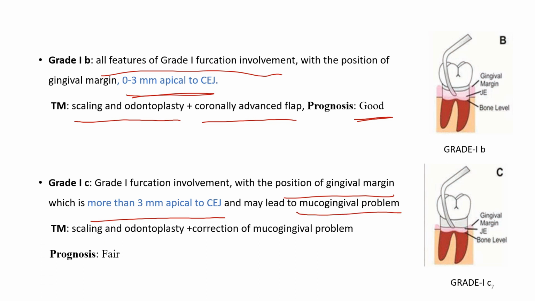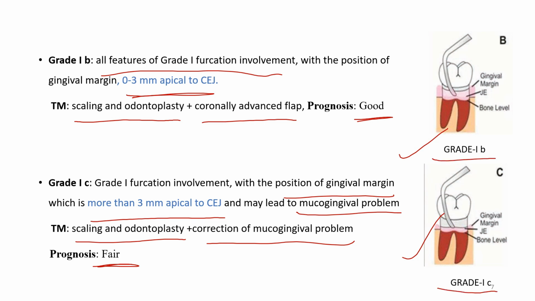Treatment here is suggested as scaling and odontoplasty and correction of mucogingival problems with different techniques, whatever is best suggested according to the clinician. Prognosis here will be fair. Here you can see in the figure also that gingival margin is receding gradually from grade 1B to grade 1C.